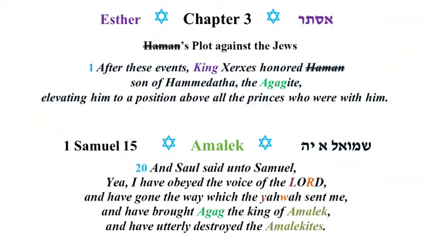Okay, so look in Esther chapter 3, how it began. Verse 1, after these events, King Ahasuerus promoted Haman, the son of Hammedatha, the Agagite, and advanced him and established his authority over all the princes who were with him. You notice that Haman is a descendant of Agag.